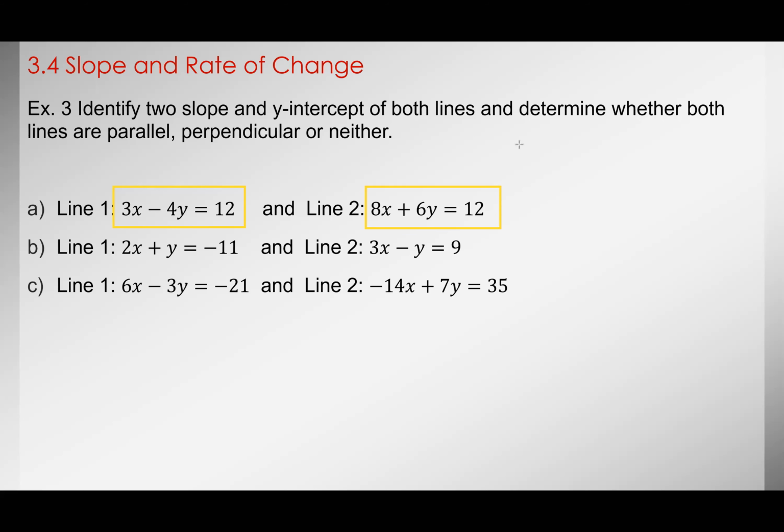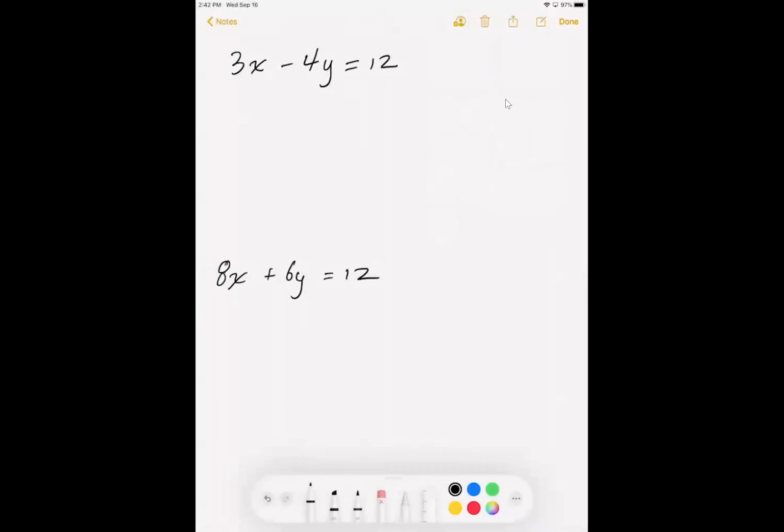Line 1 is 3x minus 4y equal to 12, and line 2 is ax plus 6y equal to 12.